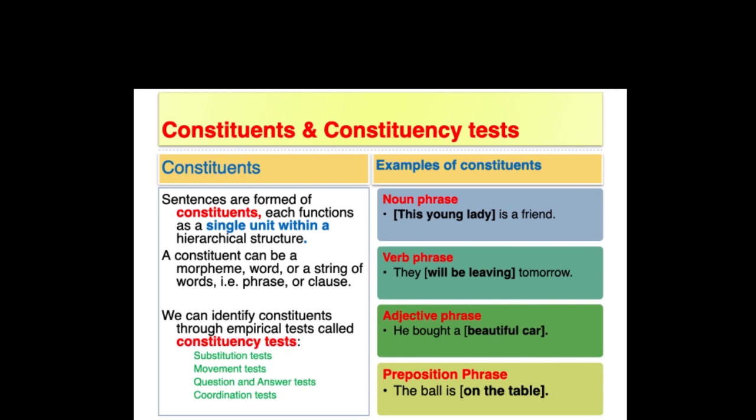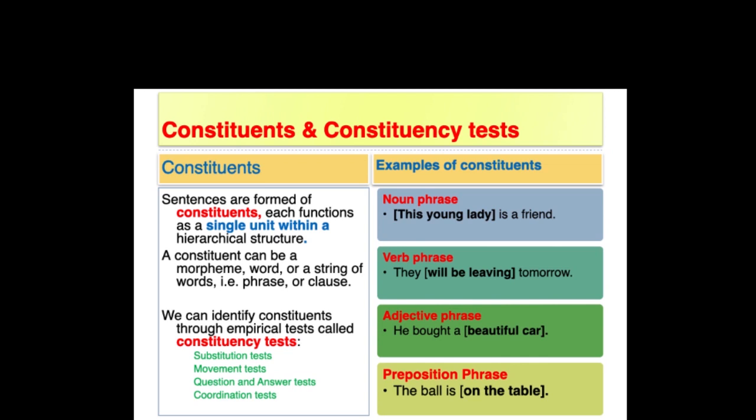Here I've provided an example of a noun phrase constituent, then a verb phrase constituent. For example, "they will be leaving tomorrow". So "will be leaving" is a verb phrase. Adjective phrase, for example, in "he bought a beautiful car", "beautiful car" is another constituent.